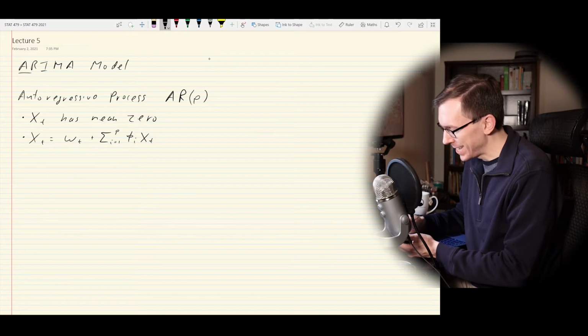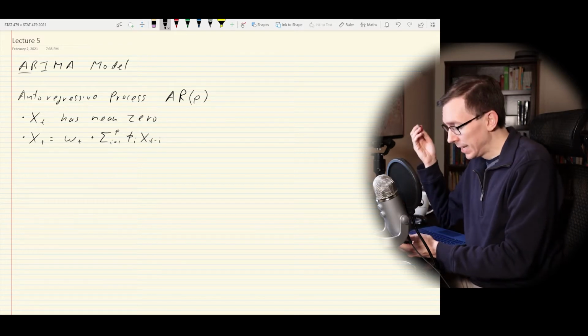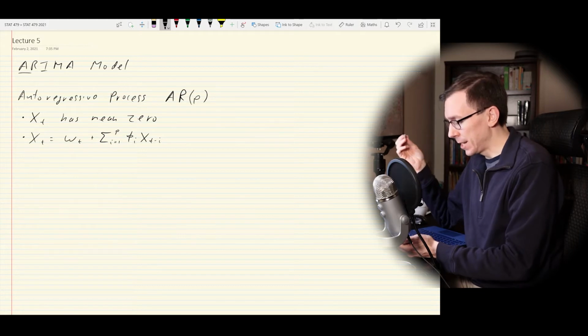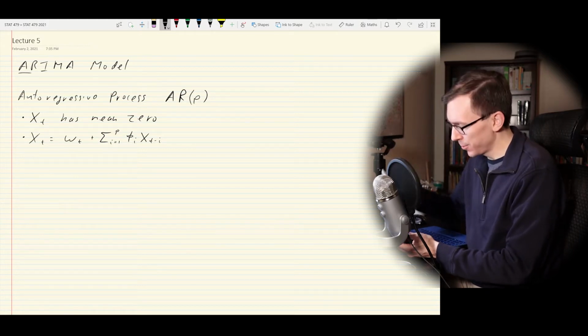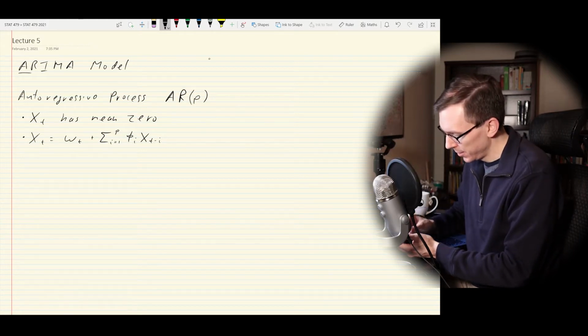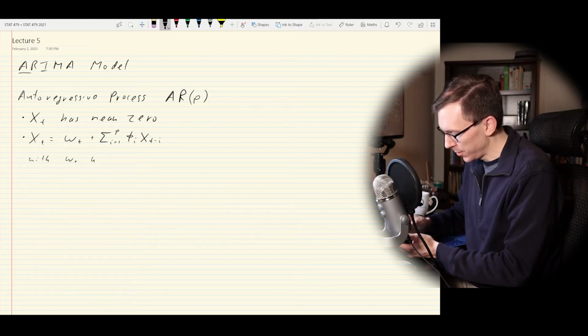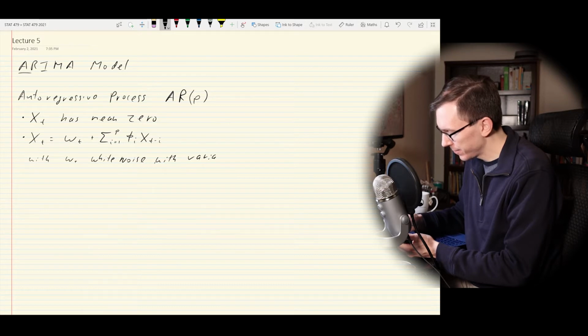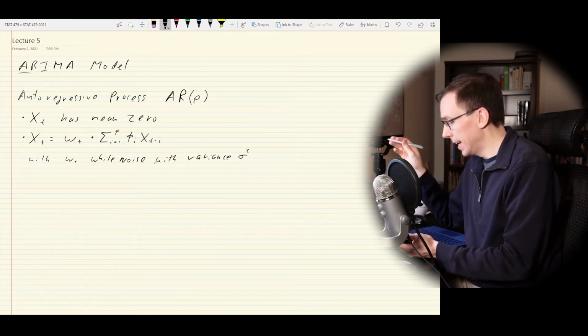Anyway, I should finish the equation, which is going to be times X_{t-i}. And W_t is white noise as usual, with variance sigma squared.